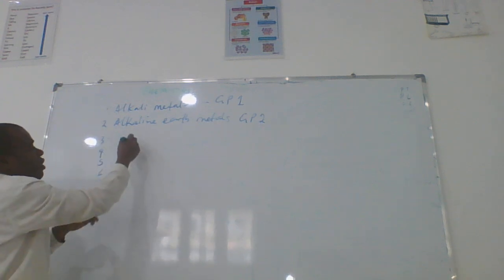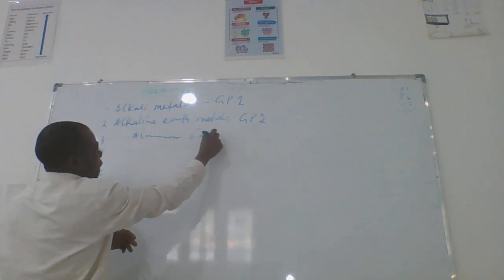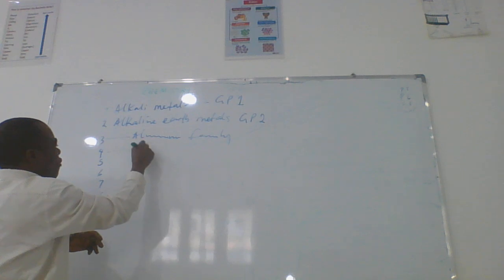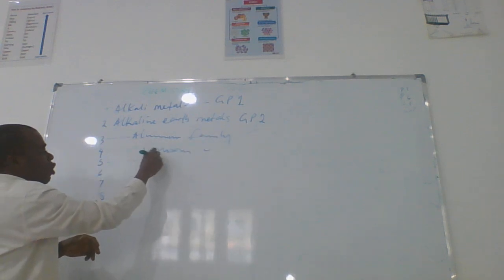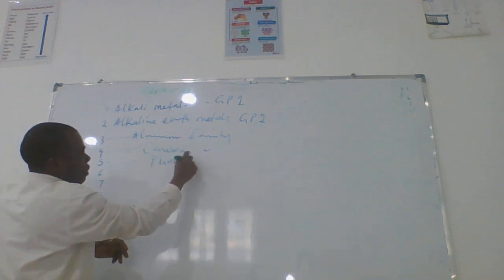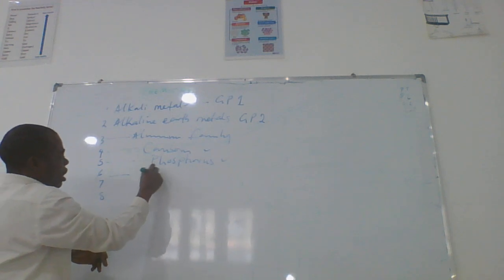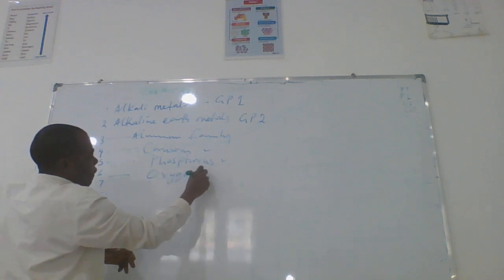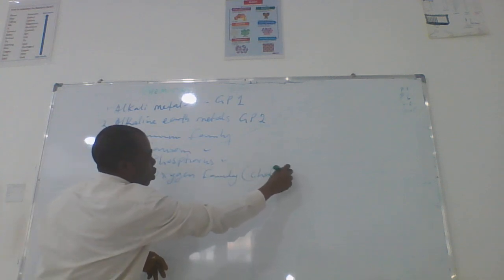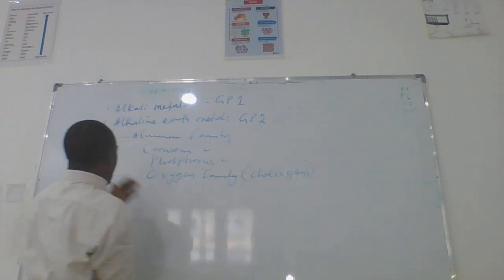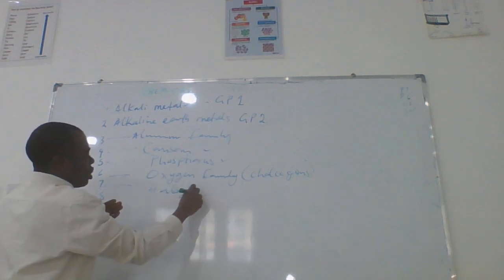And here we have the aluminum family. That's group 3. And in group 4 we have the carbon family. And in group 5 we have the phosphorus or nitrogen family, and group 6 will have the oxygen family, and I call this one chalcogens.